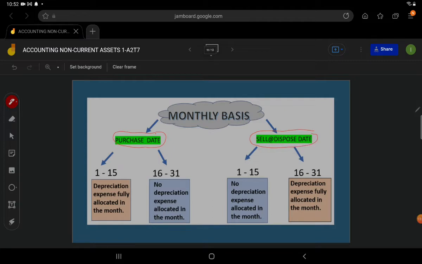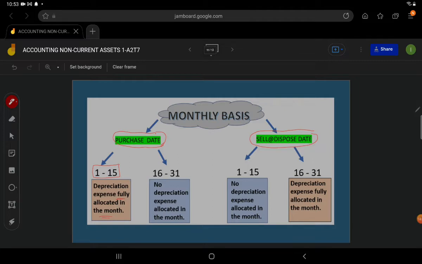Okay, first, kita tengok pada tarikh pemilikan aset itu, bila aset tersebut dibeli 1 hingga 15 hari bulan. Okay, so bulan pembelian itu depreciation expense fully allocated in the month. Maksudnya pada bulan pembelian tersebut dikira penuh depreciation expense dia.